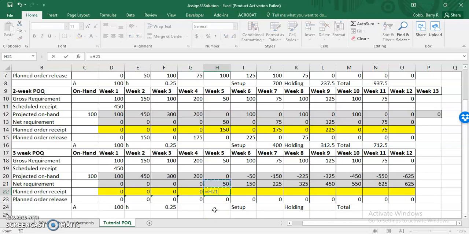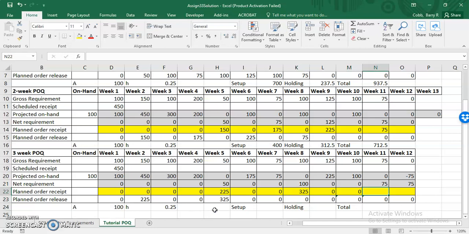So we order the current net requirement plus the next 2 gross requirements. That's the 3-week model. By the time we get to week 8, we come again to an additional positive net requirement. So we order the current net requirement plus the next 2 gross requirements. A 3-week model.